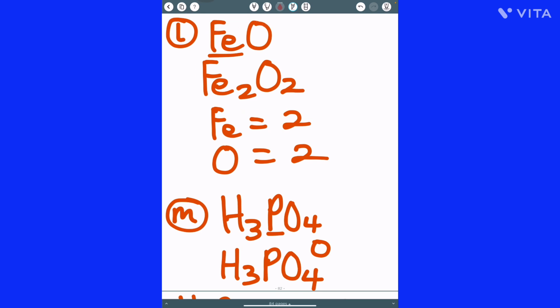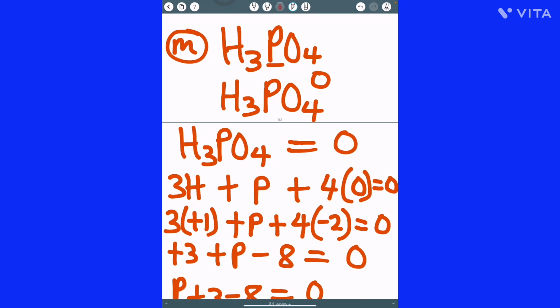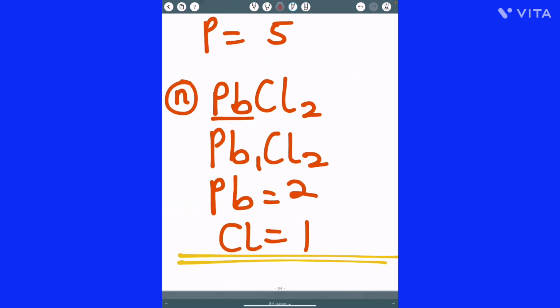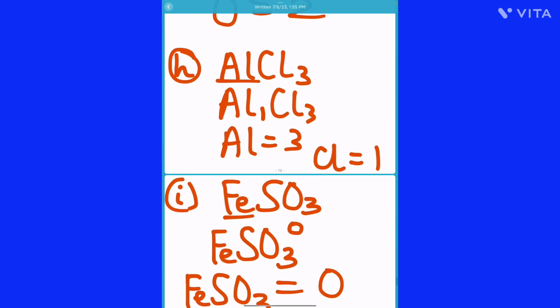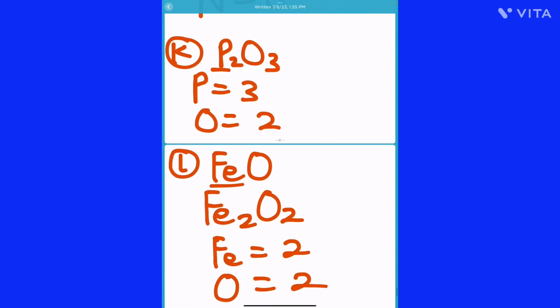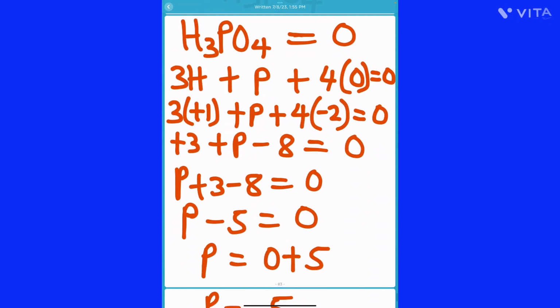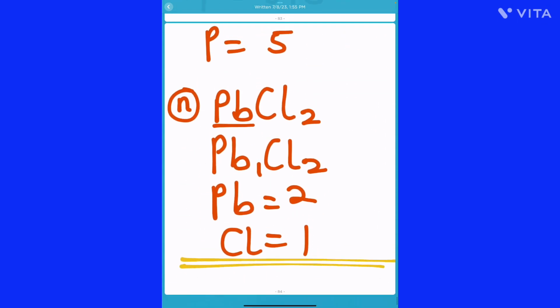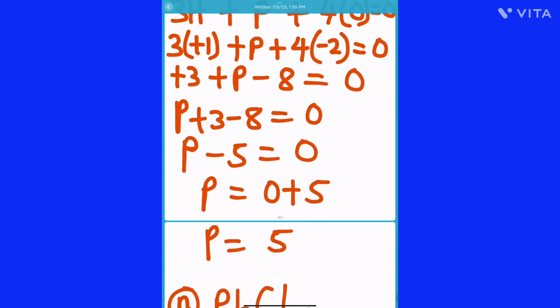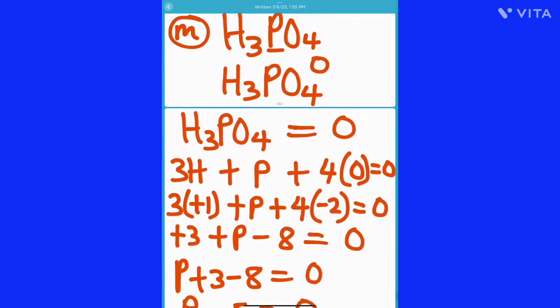You do the same thing for H3PO4. So that gives us the valency of each of the elements. It's a simple exercise, just like the first examples.